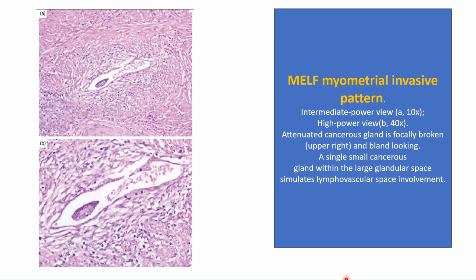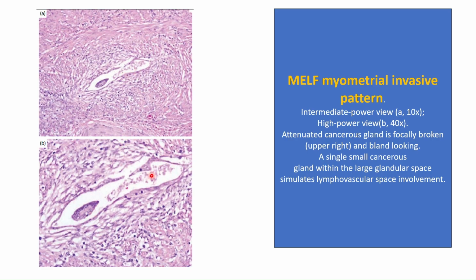So this is the MELF pattern. By looking at low power, we can say it mimics lymphovascular invasion. But in high power view, it is the attenuated cancerous gland, focally broken and bland looking, and a small cancerous gland within this large glandular space, which simulates a lymphovascular space.